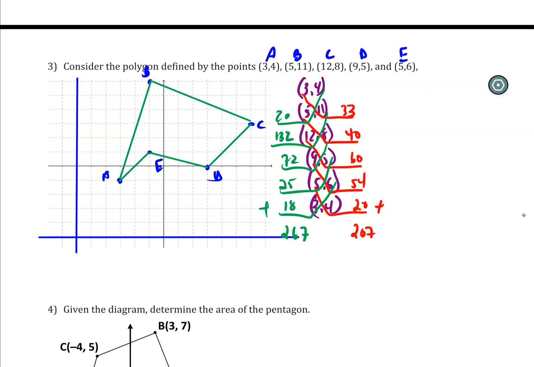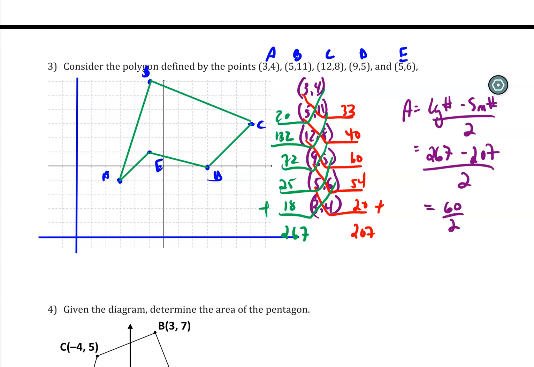So now, again, the area is going to equal the larger number minus the smaller number, divided by 2, using this little shoelace method. So 267 minus 207, divided by 2. That's 60 over 2, so it's 30 units squared for the area.